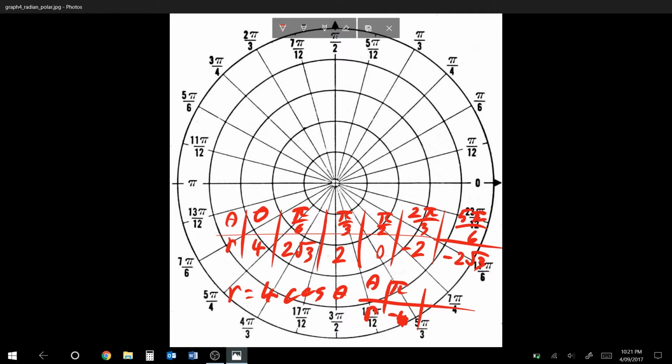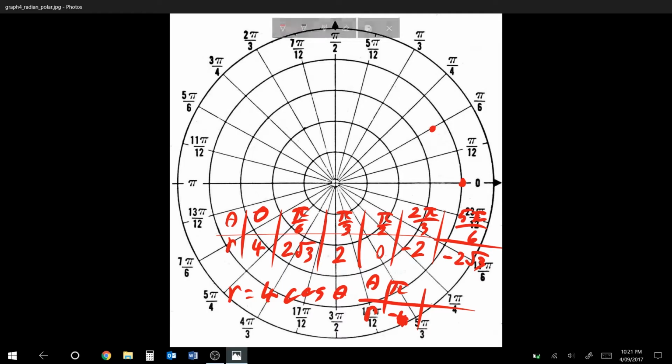So with that in mind, we can now sketch this. So let's start with distance 4 at 0. Go 1, 2, 4 units across. Then we'll put a point. And then go pi on 6 up, and 2 root 3 distance.